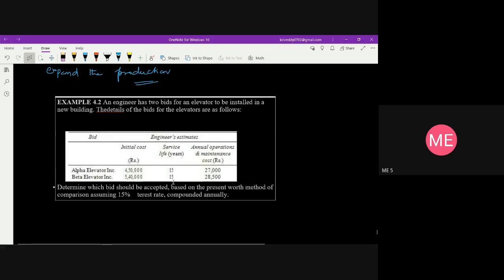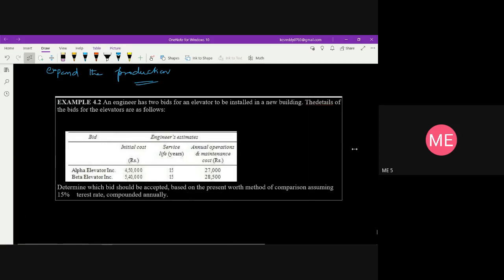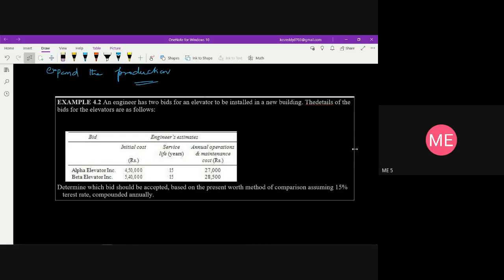Determine which bid should be accepted based on the present worth method of comparison, assuming a 15% interest rate compounded annually. So this is the problem which is given.